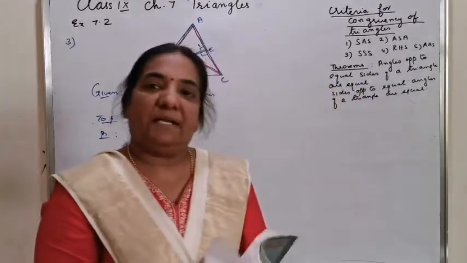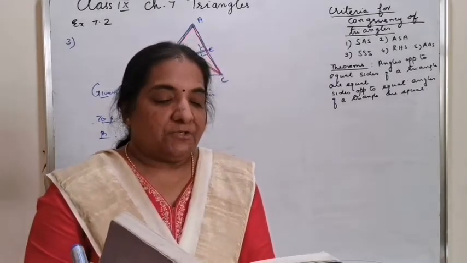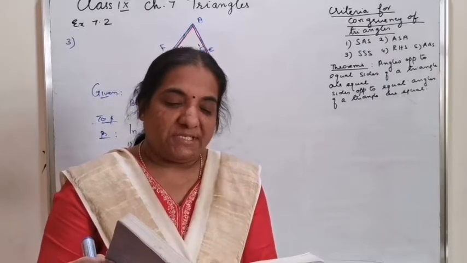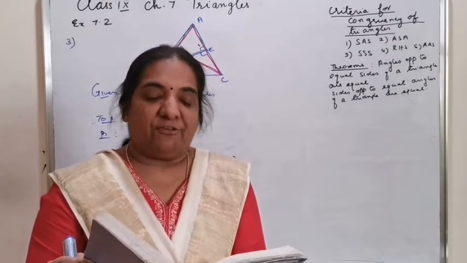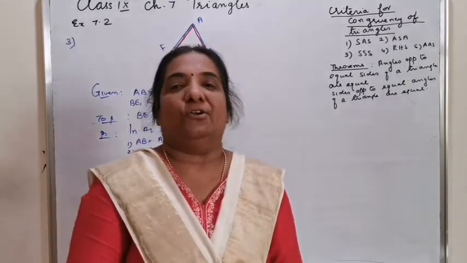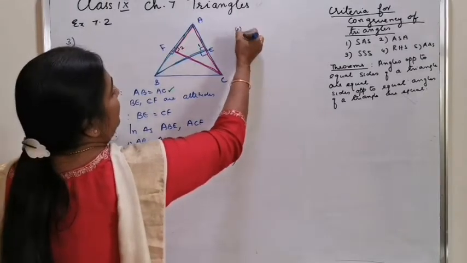They are all similar questions as I have explained now. Triangle ABC is a triangle in which altitudes BE and CF are equal. Prove that the triangles are congruent. It's like a converse statement. Number 4.